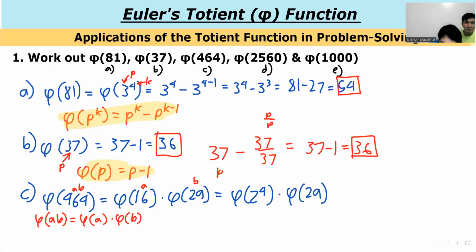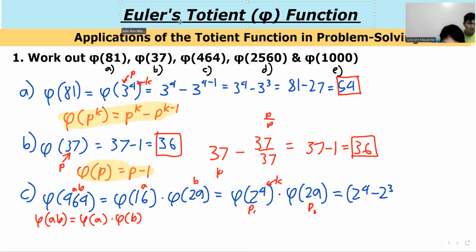That is equal to 2 to the 4th minus 2 cubed, times 29 minus 1.